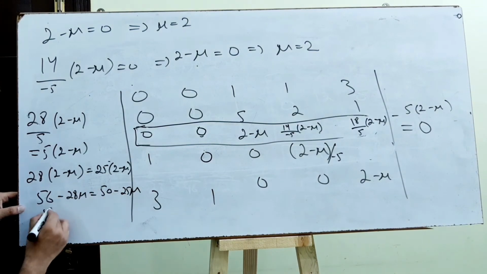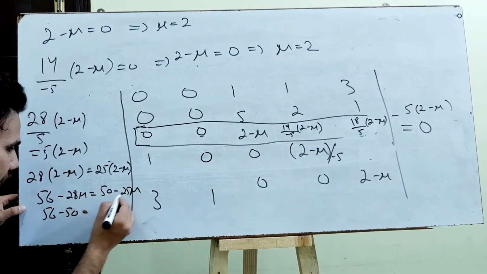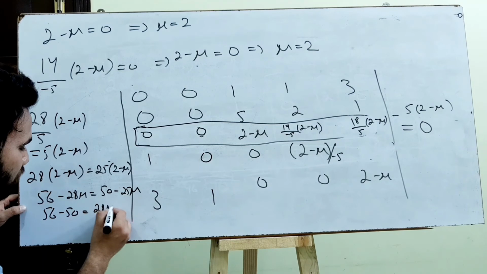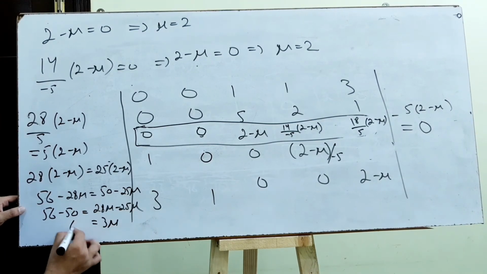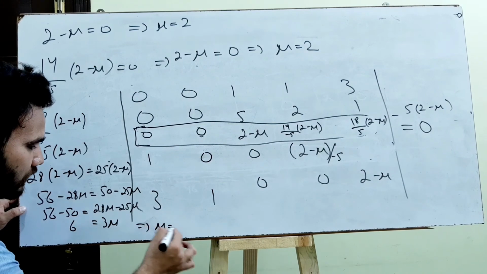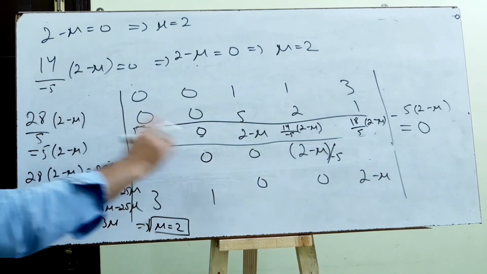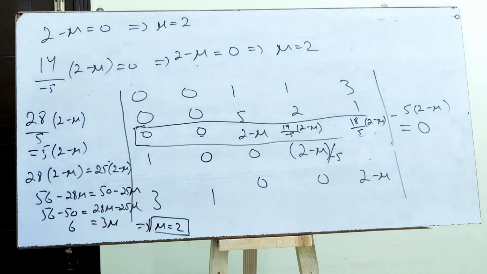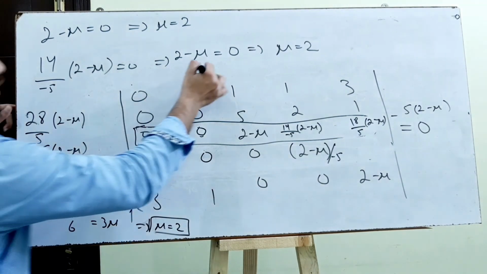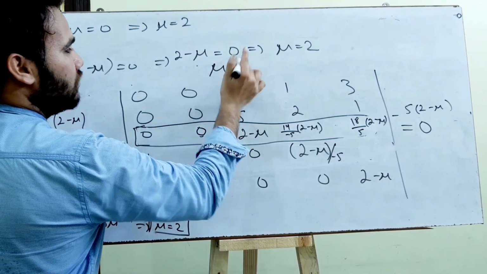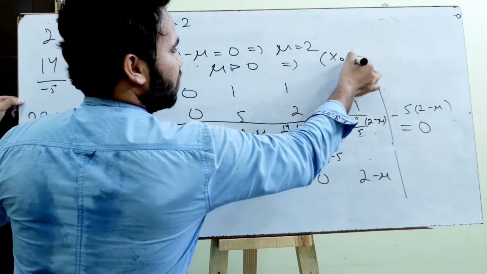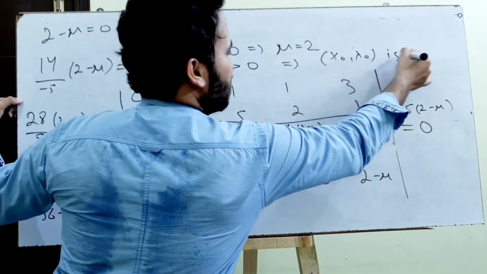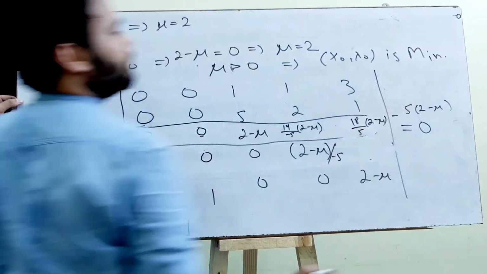So I'm shifting this 56 minus 50 and 28 mu minus 25 mu. So this is 3 mu equals to 6, implies that mu equals to 2. So from all these entries we find a single value of mu, that is 2, which is positive. Mu is greater than 0, implies that the critical point x naught lambda naught is a minimum point.